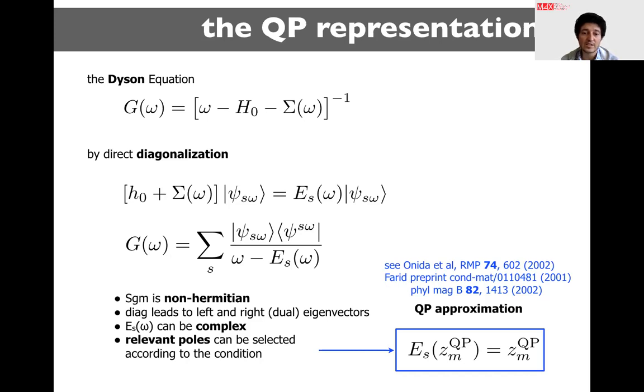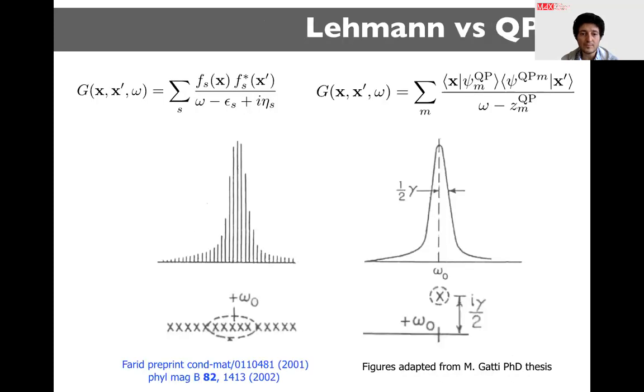And since the self-energy is in general non-Hermitian, we see that the eigenvalues ES are also complex. So the poles of this Green's function can actually become complex. And we could refer to this representation as a quasiparticle representation. The two are actually both exact, but lead to two different physical pictures.